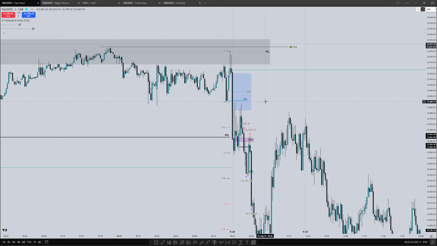Any more questions I missed or you have regarding psychology or entry models or bias, whatever it may be? I like June more. Yeah. July sometimes is a little weird. You have this consolidation sometimes during the summer.